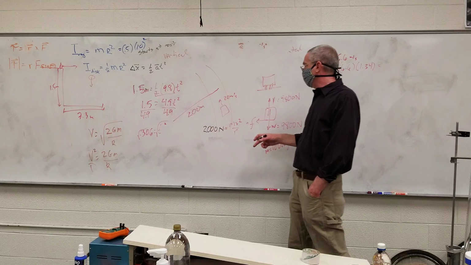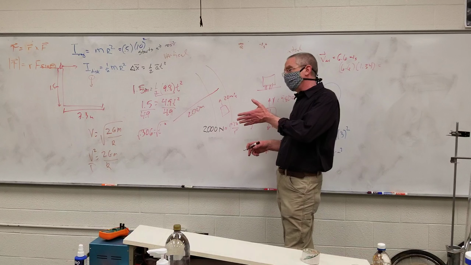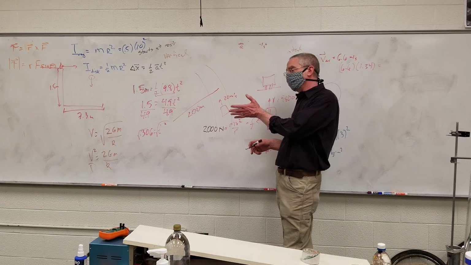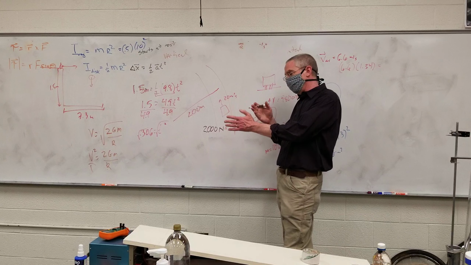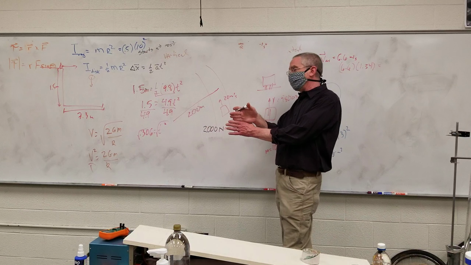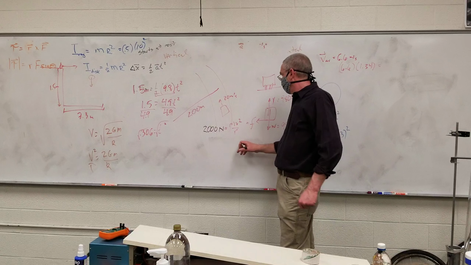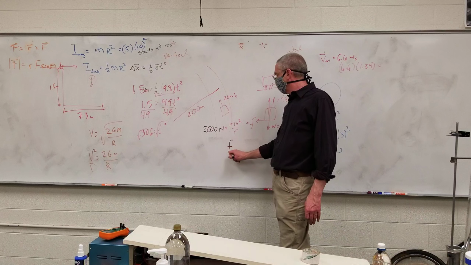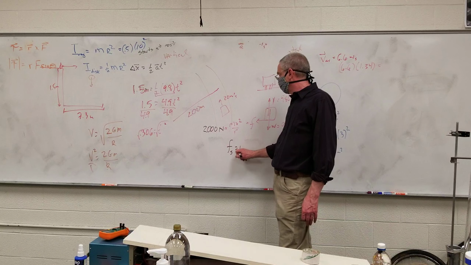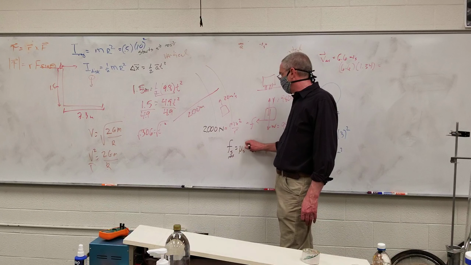So the coefficient: if I'm at that breaking point between static and kinetic friction, in other words, between when it's not sliding and when it does slide, then this is my maximum static friction, equal to that coefficient times the normal force.